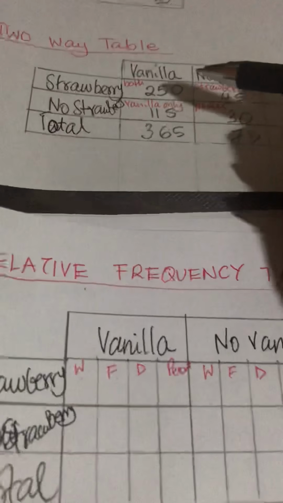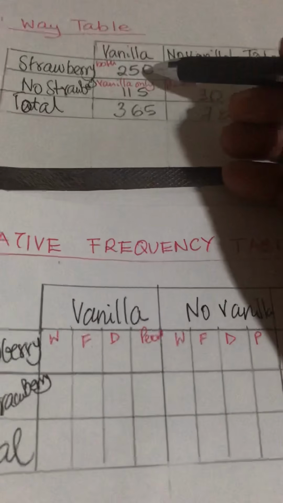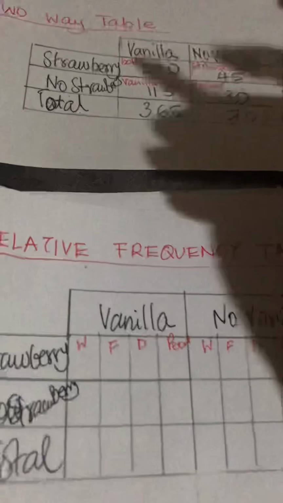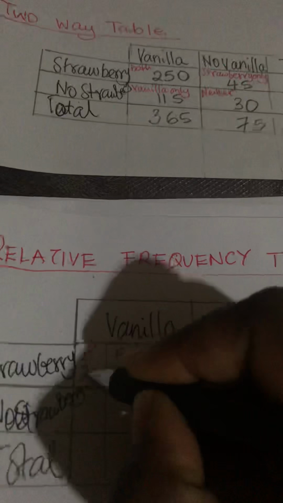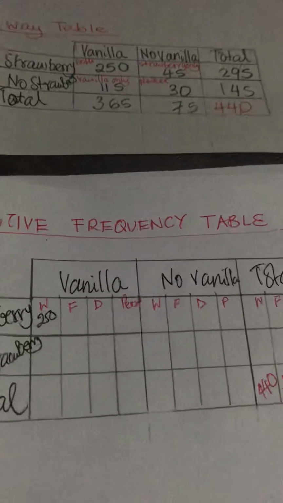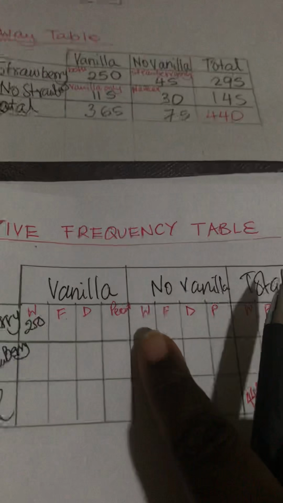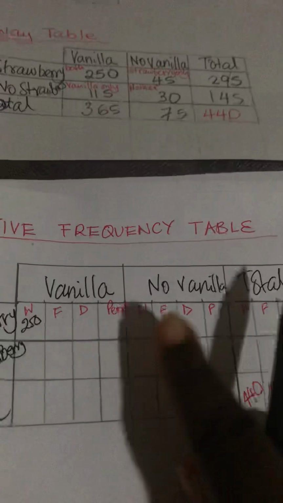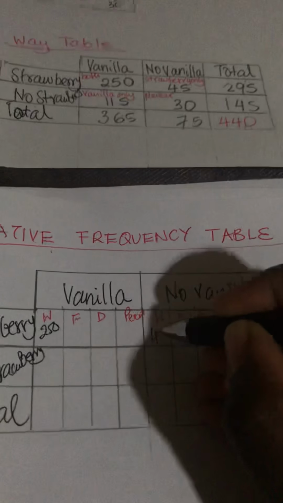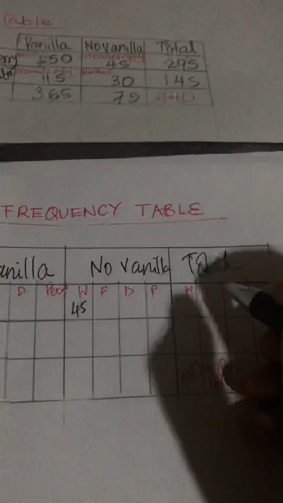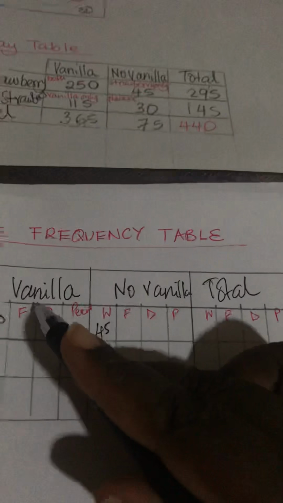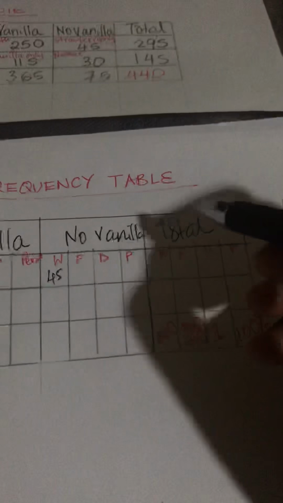What is the whole number for both? 250. What is the whole number for vanilla? No vanilla, 45. What is the whole number for the total of vanilla and no vanilla? 295.